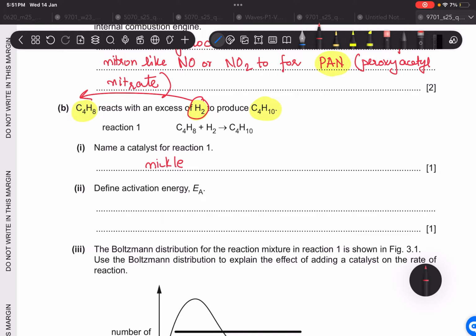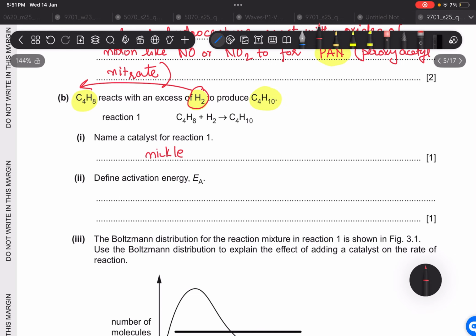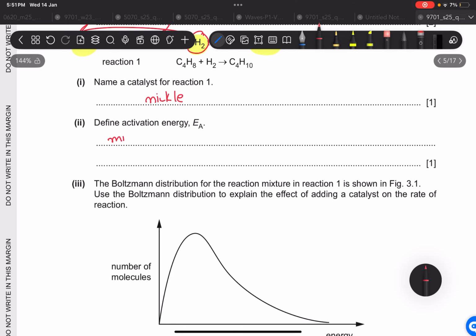Define activation energy. Minimum amount of energy that the reacting particles must have in order to react.